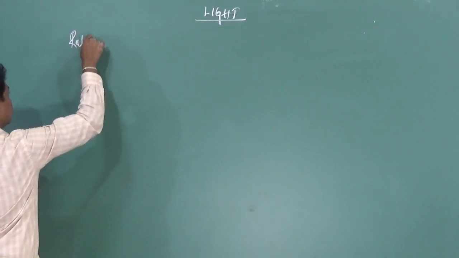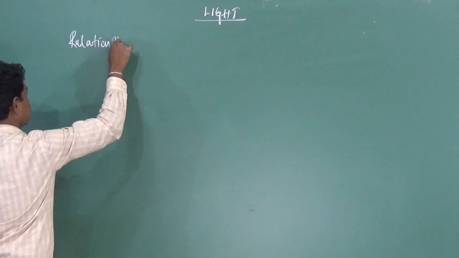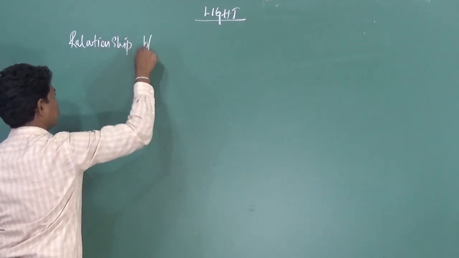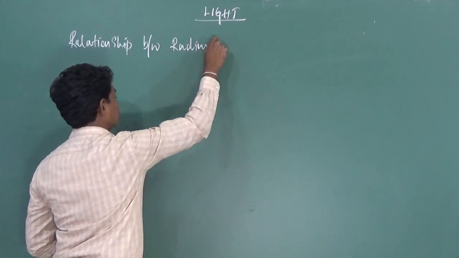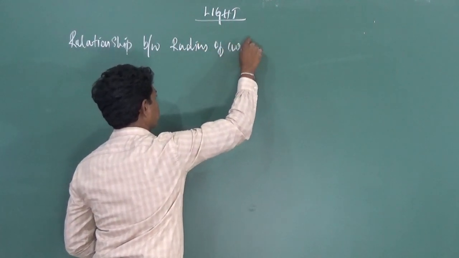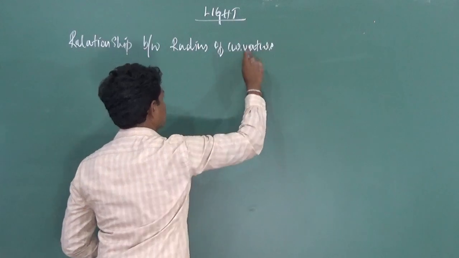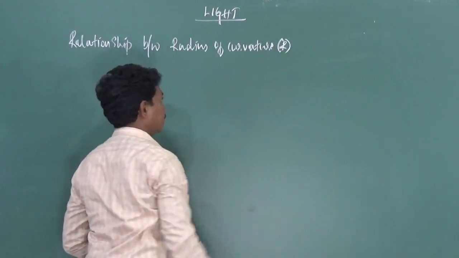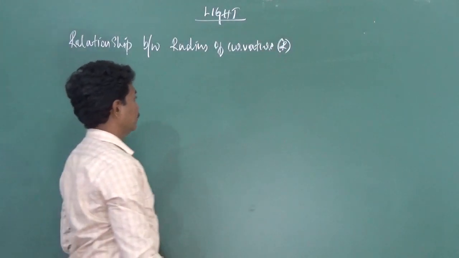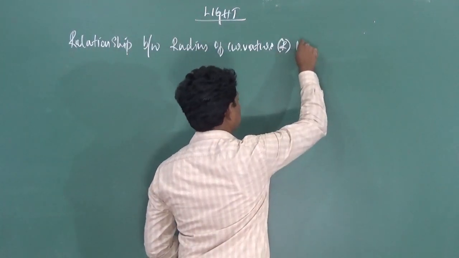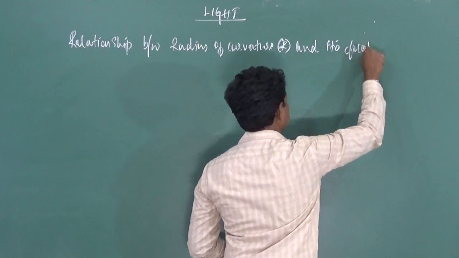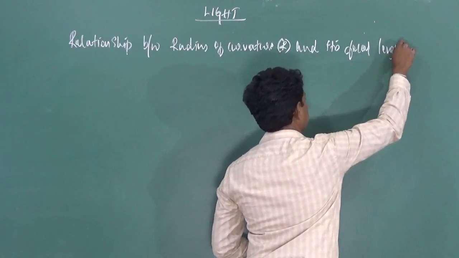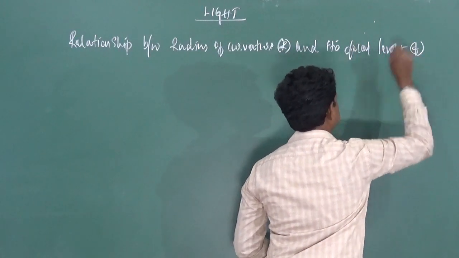Now let us go with the relationship between the radius of curvature, represented by R, of a mirror and its focal length, that is f.